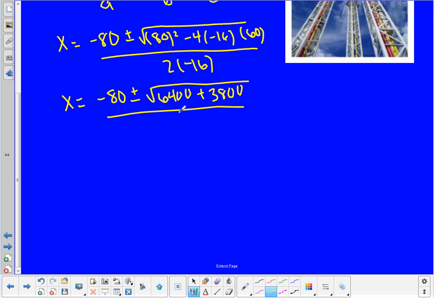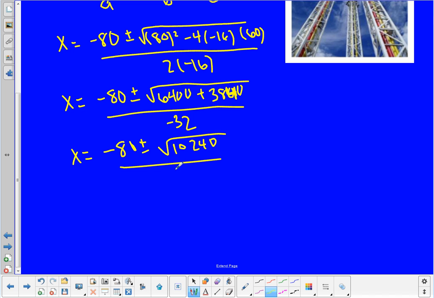All over 2 times negative 16, which is negative 32. 6,400 plus 3,840 gives me 10,240. Still over the negative 32. The fraction bar is still all the way over to underneath the opposite of b that's outside the radical.